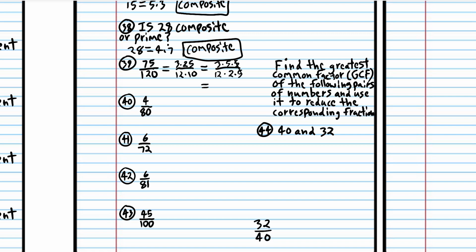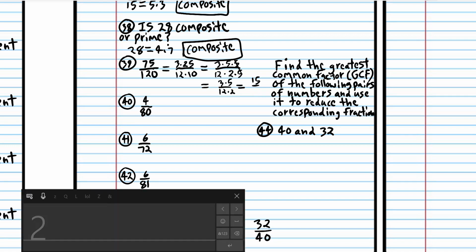I think that's all we can do. So we can just recombine. We end up with 3 times 5 over 12 times 2, which is equal to 15 over 24. Actually, no, I just realized that we still have a common factor. We can keep going.